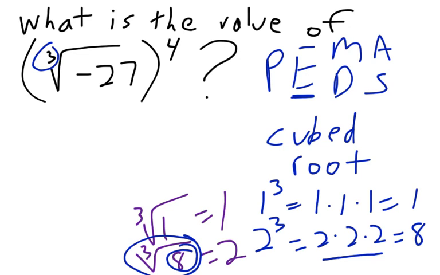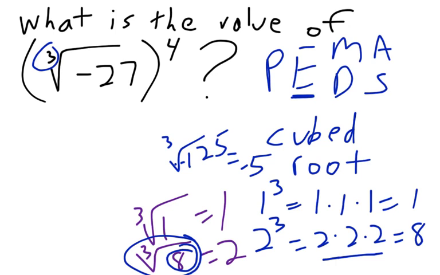So 2 times 2 times 2 gives me 8. Let's try one more. What if I had the cubed root of 125? And this time I'll make it a negative 125. Cubed root of negative 125 would be, what number can I multiply by itself 3 times to get negative 125? Well, 5 times 5 is 25, and if you have 5 quarters, that's $1.25. So that answer would be negative 5.